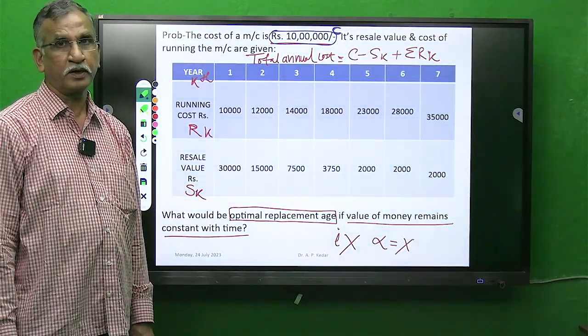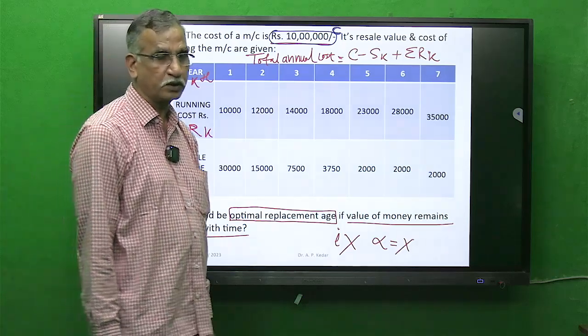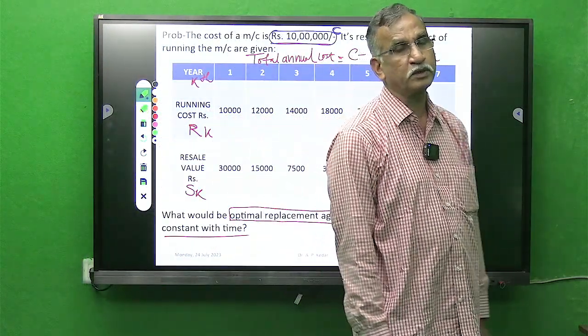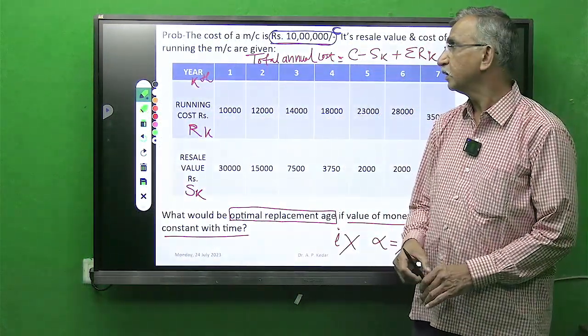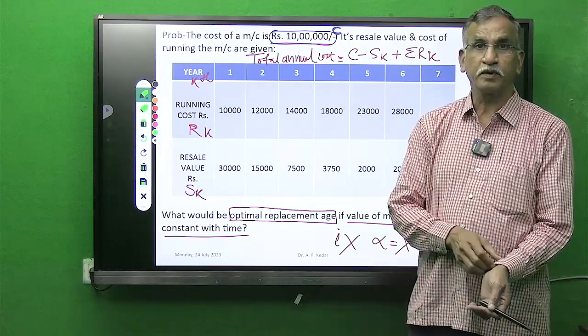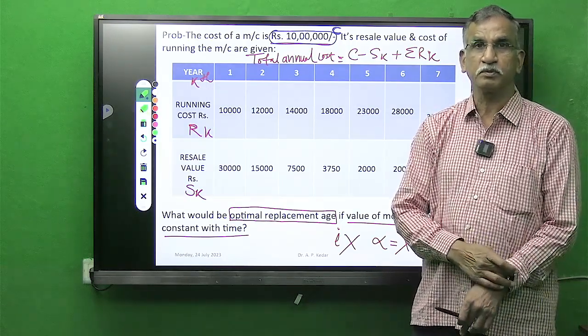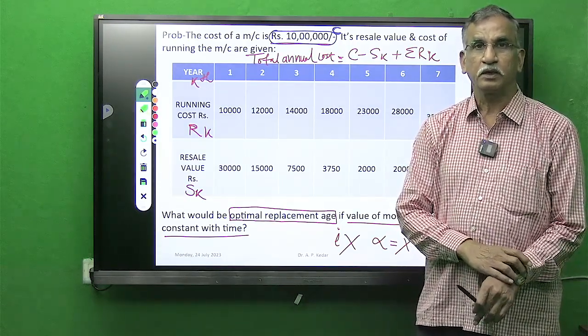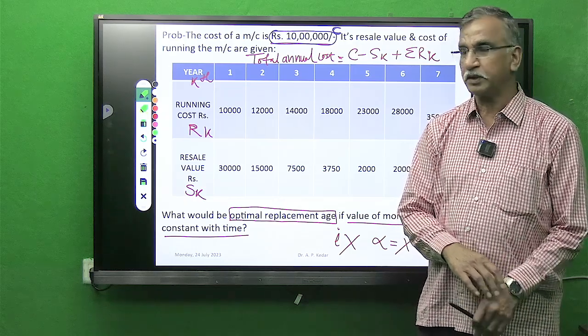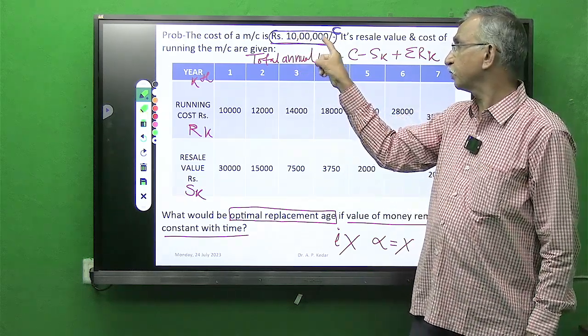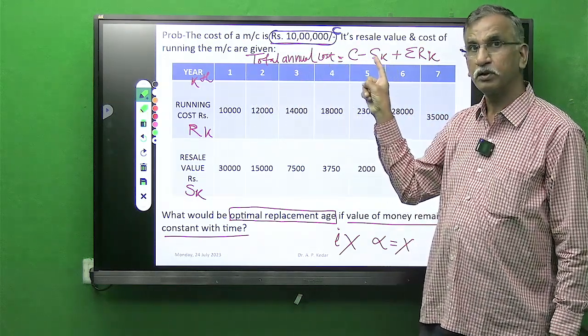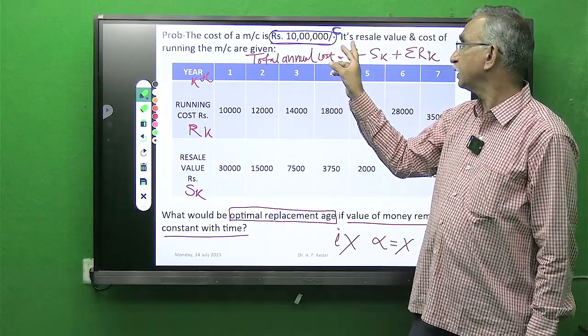If you recall my very first lecture, under assumptions we mentioned that the initial cost of equipment remains the same in the future, and the same concept we are applying in analyzing the optimal replacement age. So this 10 lakhs will be common for all years in the calculation.